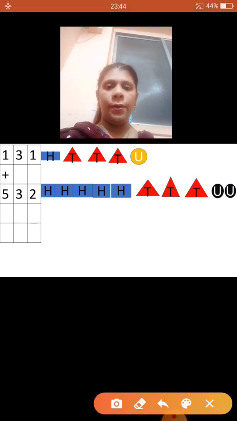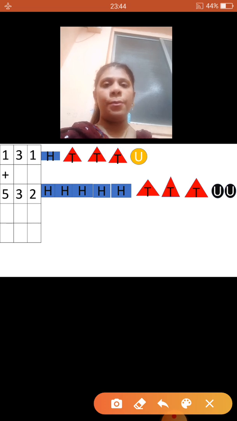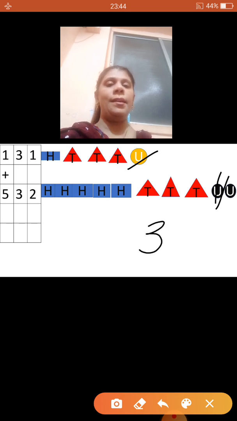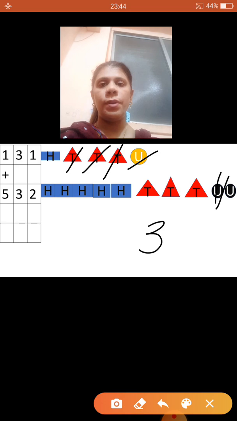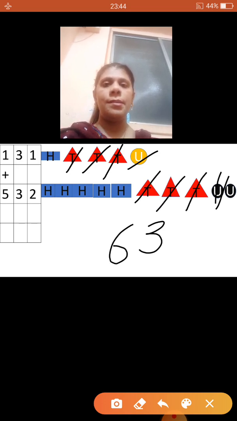Okay, now we are going to add. Okay, start from unit 1, 2 and 3. So how many units? 3. How many tens? 1, 2, 3, 4, 5 and 6. So 6 tens. How many hundred? 1, 2, 3, 4, 5, 6.